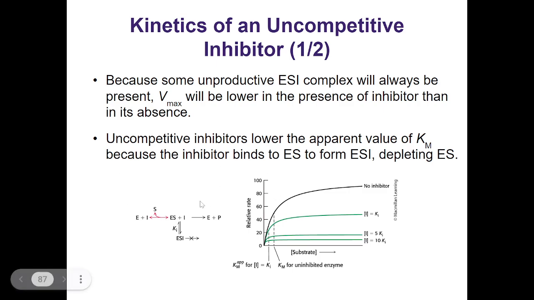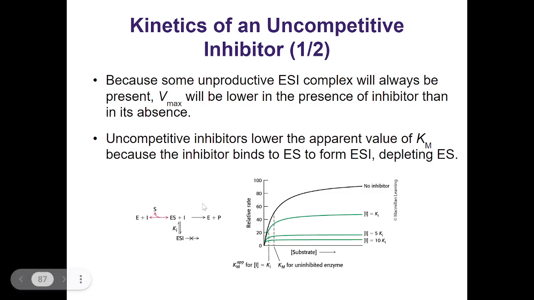Okay. So the uncompetitive inhibitors are going to lower your apparent value of Km. This is because the inhibitor is going to bind to the ES. Again, you can think of this as the same equilibrium functions we talked about before. So what happens if we lower the ES concentration? Is it going to go backwards to E and separate S as much? No, because it can't separate now, can it? So we've shifted this equilibrium towards the enzyme and substrate binding together, and staying together.